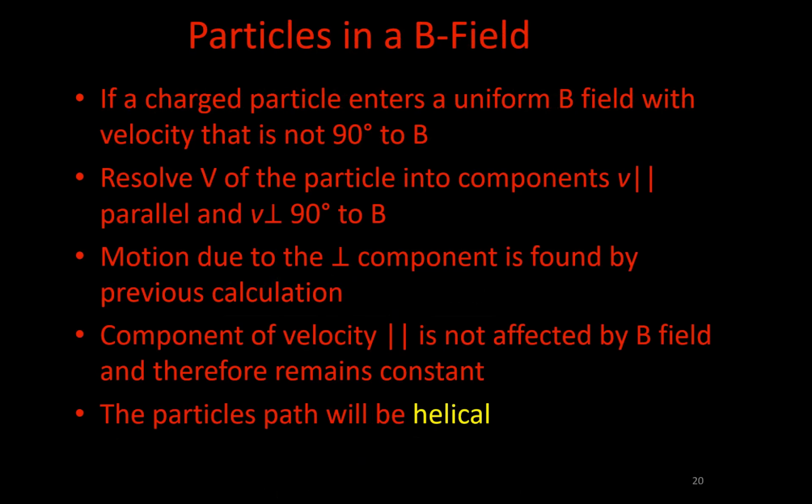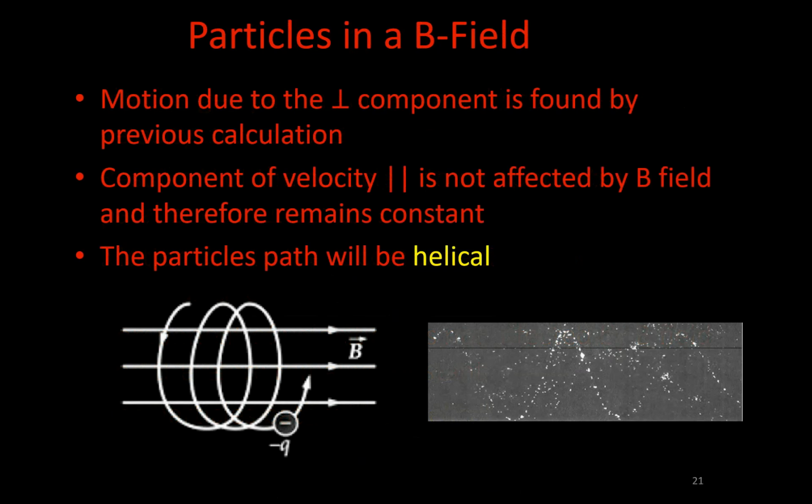What do I mean by that? You'll end up with a helix as a pattern. Charged particles thrown into a magnetic field with a velocity in some direction other than 90 degrees will result in a spiral pattern.